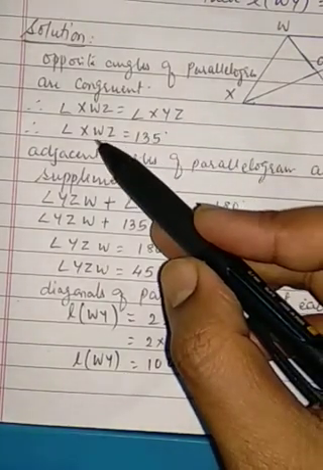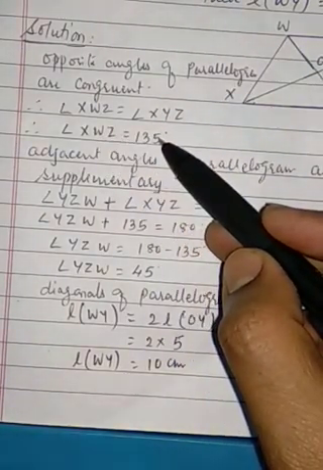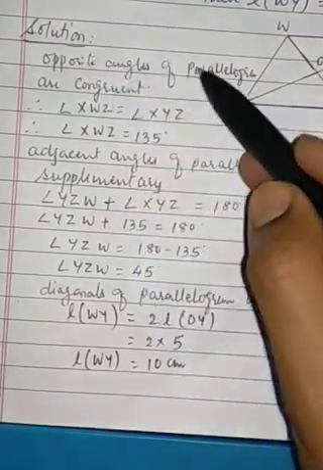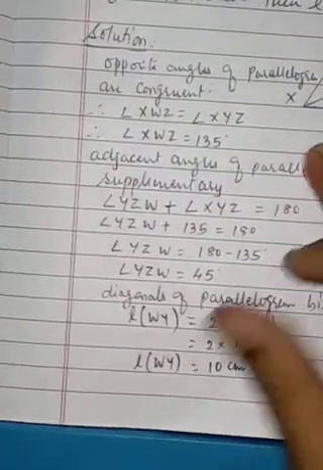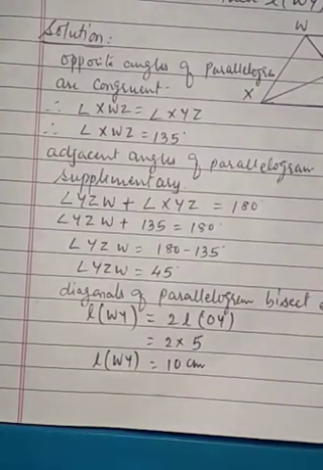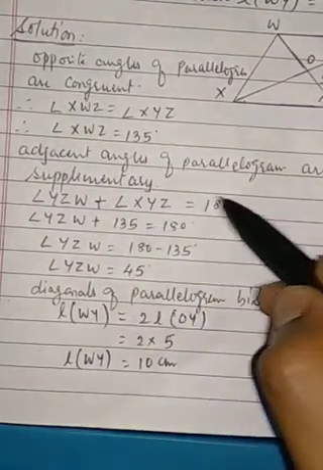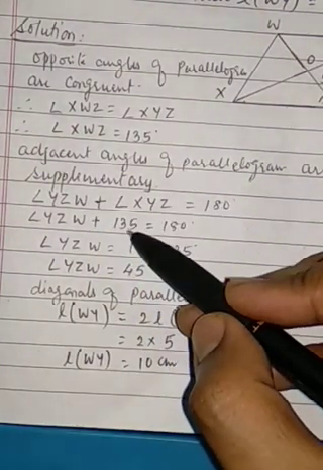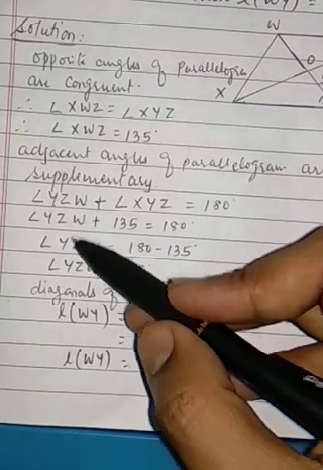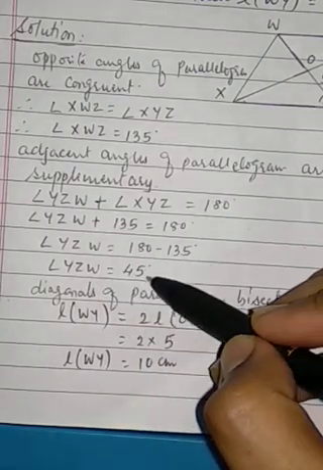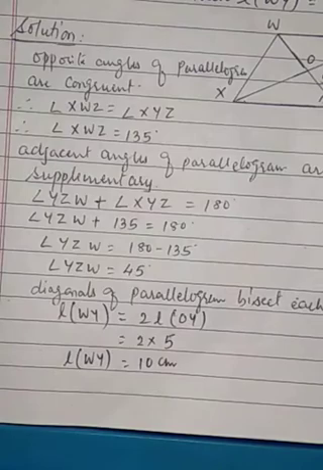We were asked angle XWZ, 135 we have got, using property opposite angles are congruent. Then adjacent angles of parallelogram are supplementary. So using that we found XYZ is 135, so YZW is 180 minus 135, that is 45. Okay.